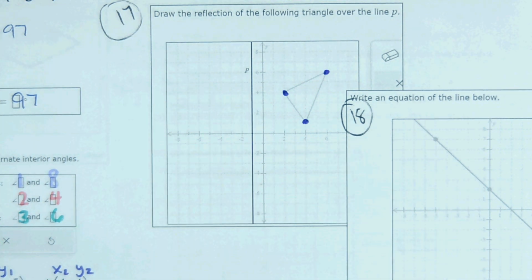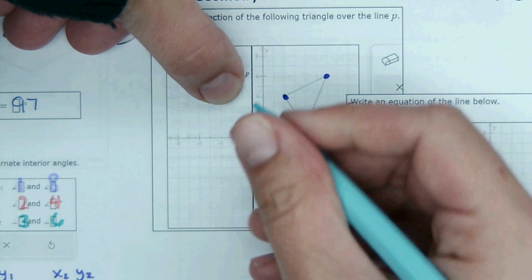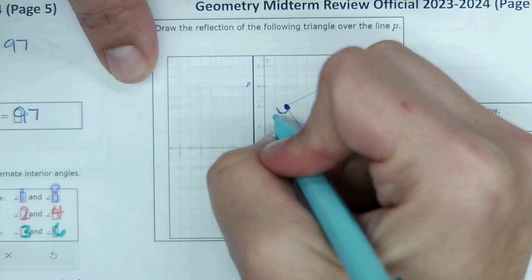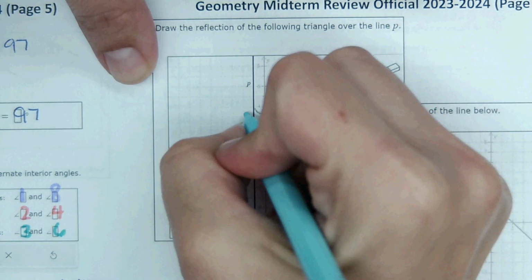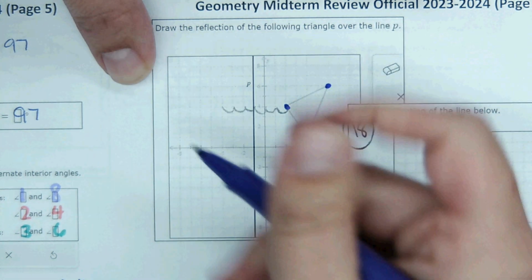For each individual point, you just look at how many units it is from that line. So for example, this point is 1, 2, 3 units from the line, so the reflection of that point would be 1, 2, 3 units over right here.